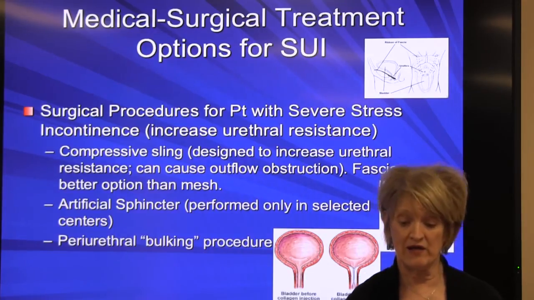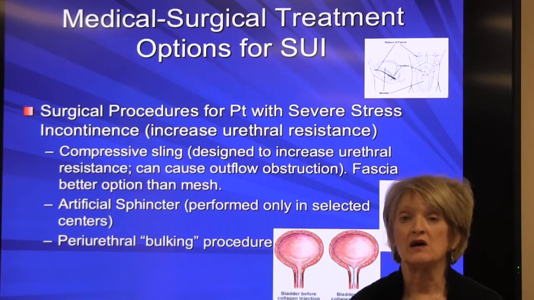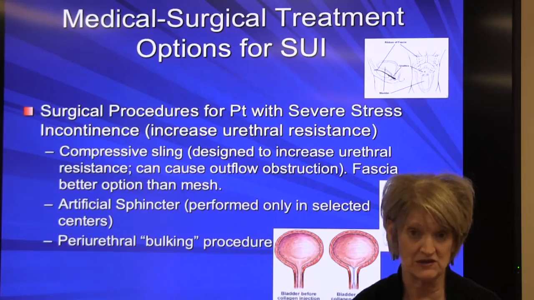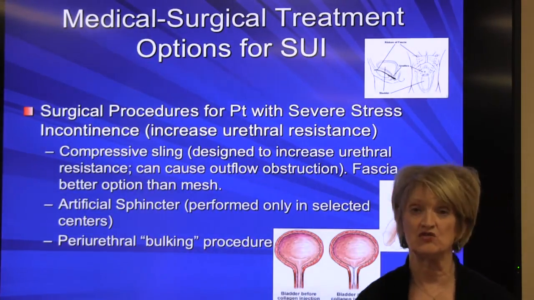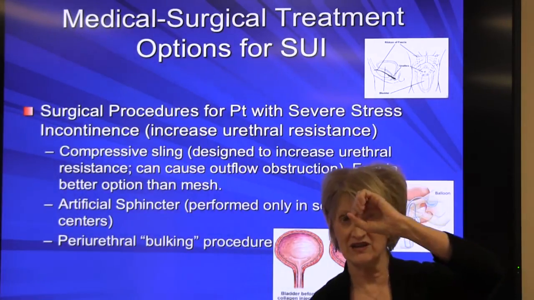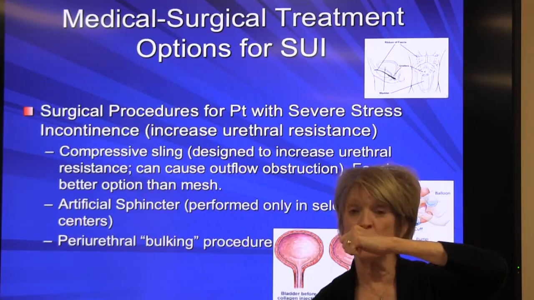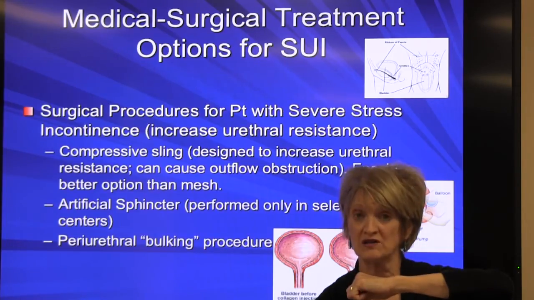leakage. Now, I was at a conference and they were talking about complications of these compressive slings versus benefits of these compressive slings, and they were saying it all depends on getting the level of tension right. So you need enough tension to close the urethra, but you don't want so much tension that you obstruct the urethra.